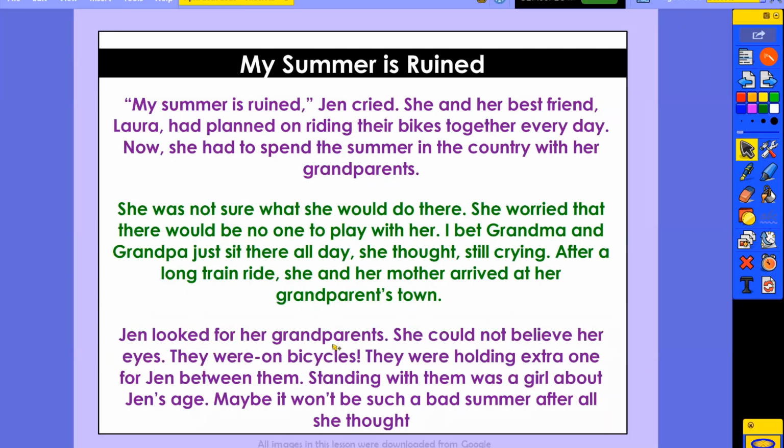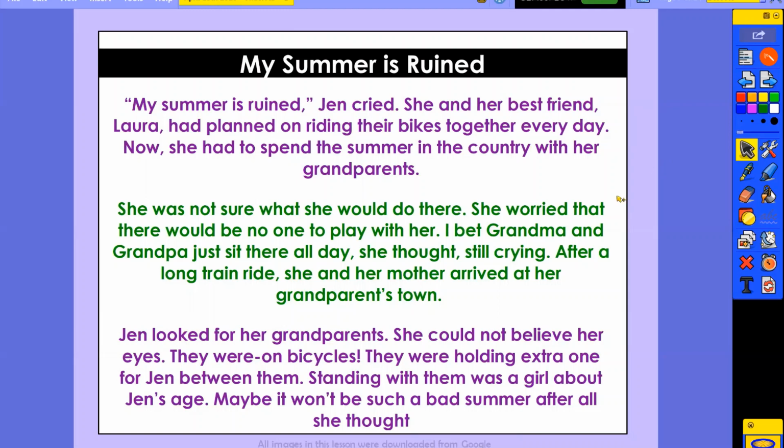Jen looked for her grandparents. She could not believe her eyes. They were on bicycles. They were holding an extra one for Jen between them. Standing with them was a girl about Jen's age. "Maybe it won't be such a bad summer after all," she thought.